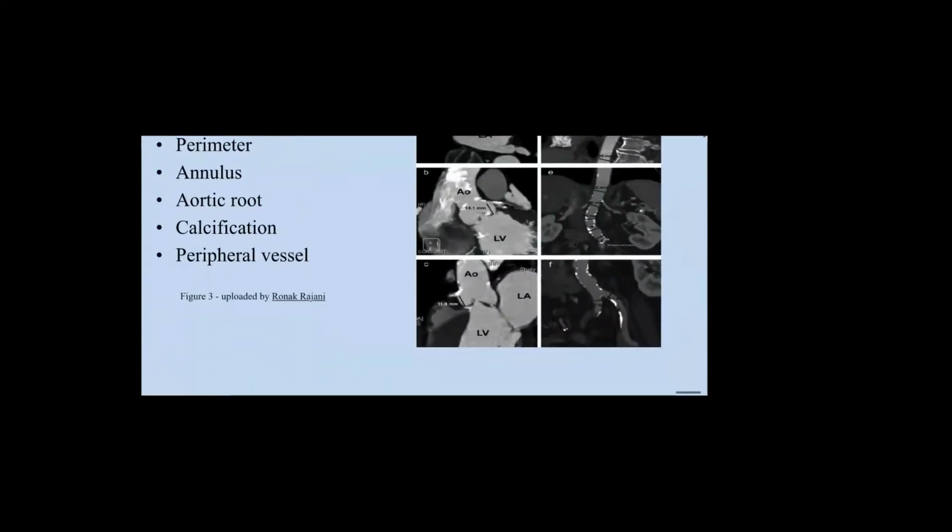One of them is assessment of the peripheral arteries. Peripheral arteries have to be assessed to show you how your access is. How much calcium, how much diameter of peripheral vessels, how much tortuosity, each of which is going to affect your access. So you have to give data about access.